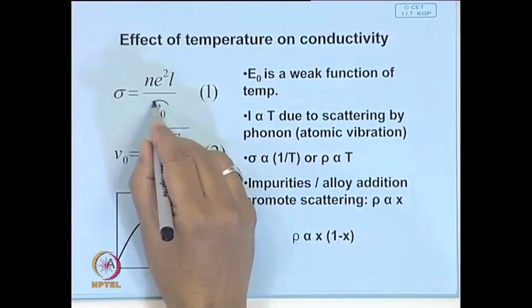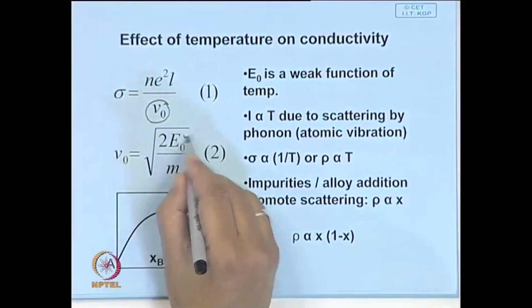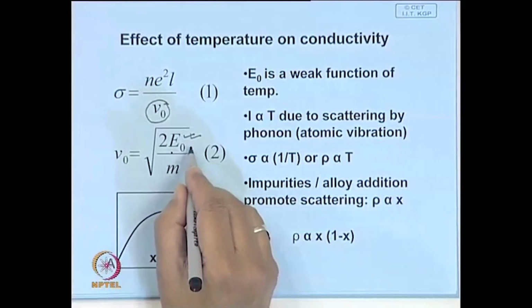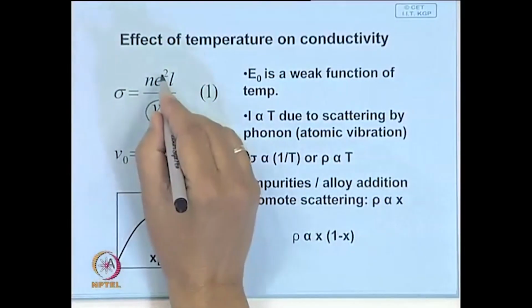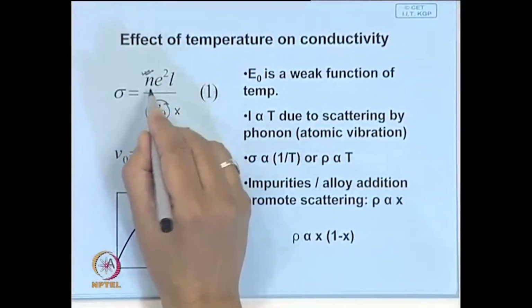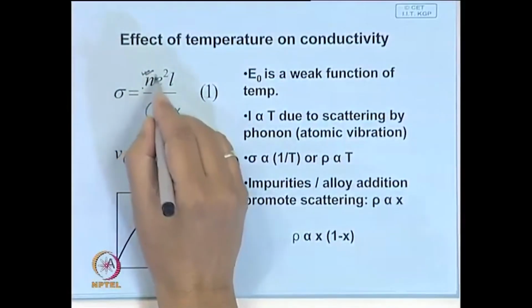This is the drift velocity. Now, the drift velocity is determined by the Fermi energy, but this Fermi energy is a very weak function of temperature. Therefore, you cannot change much, so this is ruled out. And here also the number of electrons is determined by the crystal structure or atomic structure.